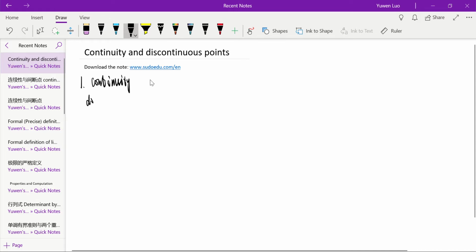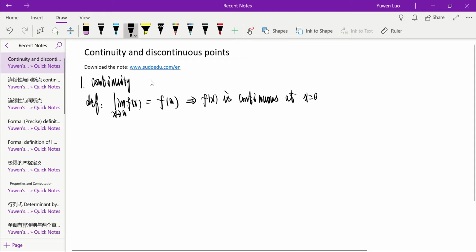The definition is that if the limit as x equals a is equal to the value of f(x) at a, then we say that f(x) is continuous at x equals a.